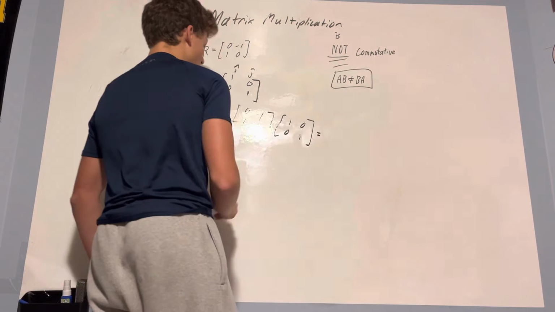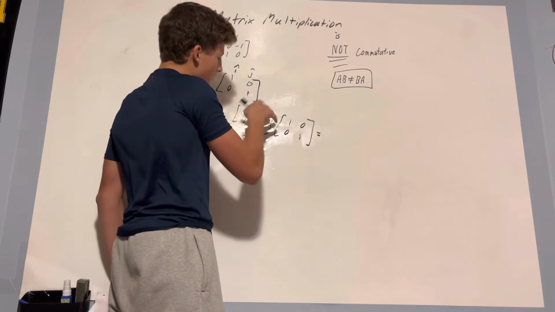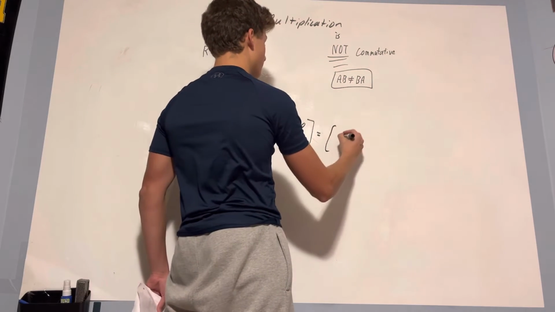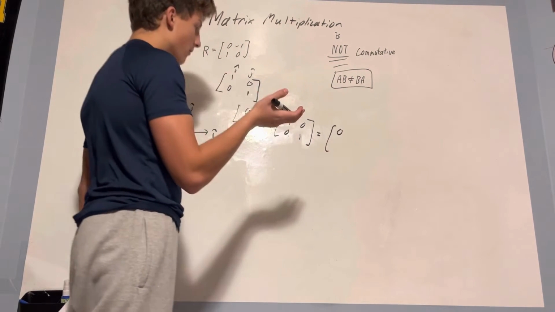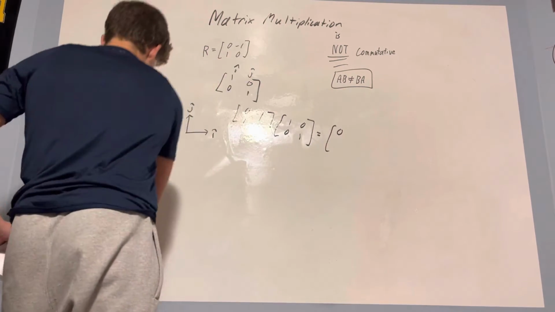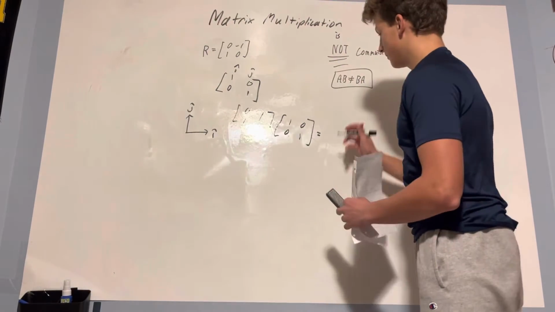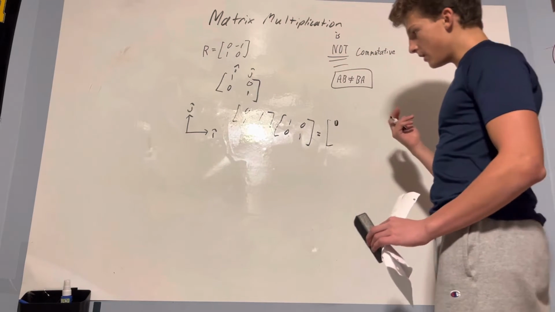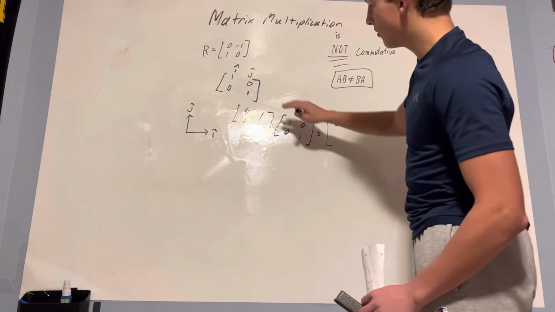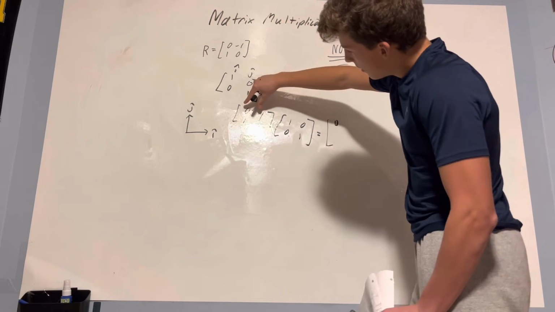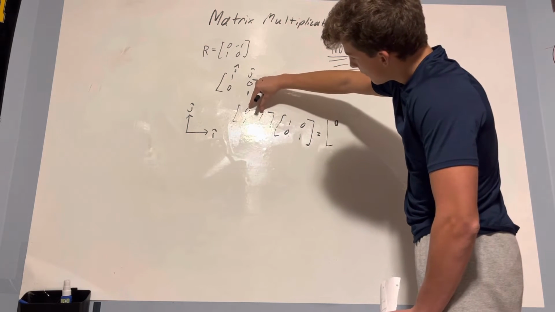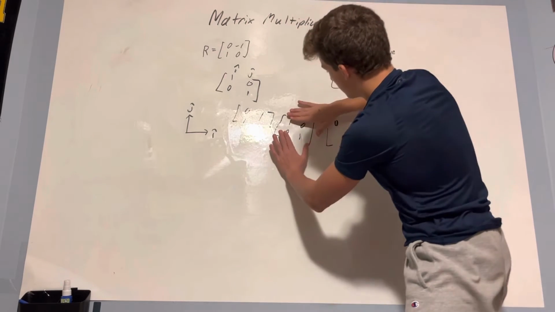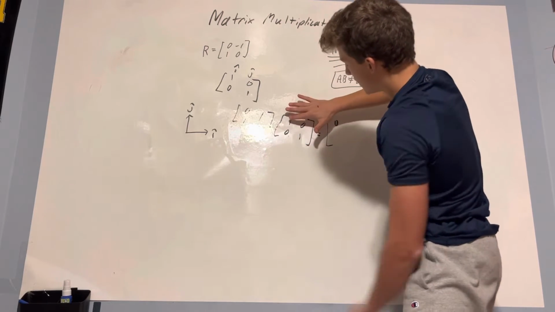If we do this, first let's do first row, first column, dot product: 0 times 1 plus negative 1 times 0. That goes in the top left corner, and that's going to be 0. Another way to see where that entry goes is as the overlap of the first row and the first column, which will overlap on the top left.